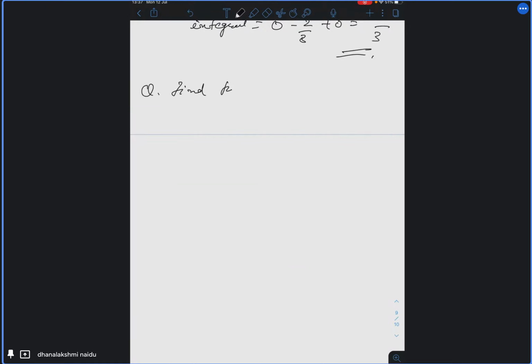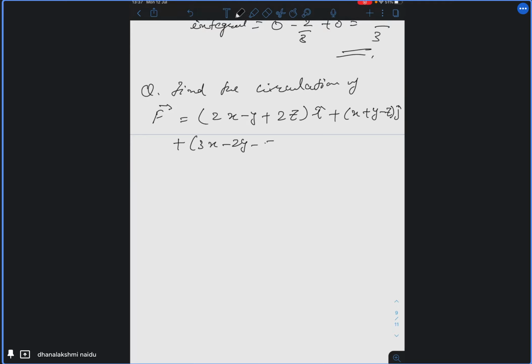Find the circulation of F bar, which is defined as (2x minus y plus 2z)i plus (x plus y minus z)j plus (3x minus 2y minus 5z)k along the circle x square plus y square is equal to 4 in the xy plane.